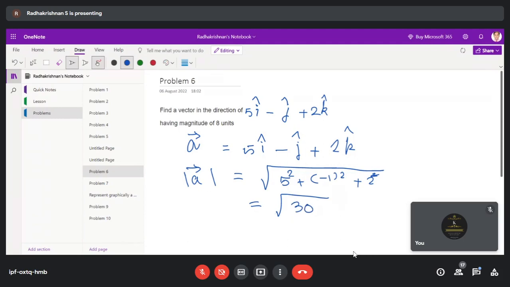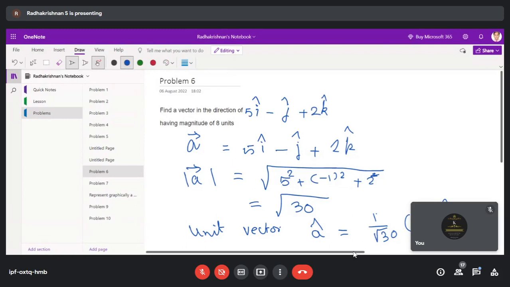So what is the unit vector in that direction? Simply divide it by root 30, giving (5i cap minus j cap plus 2k cap) divided by root 30. This vector has magnitude 1 because it is a unit vector.